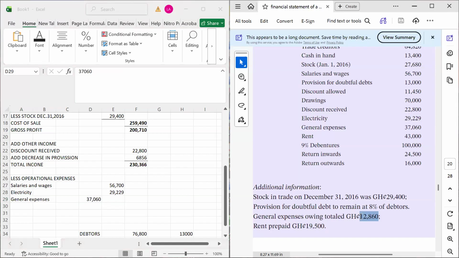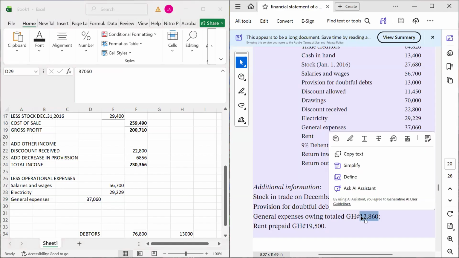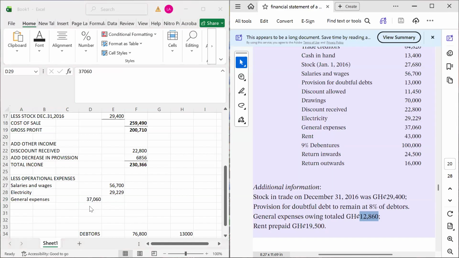Owing means you are still owing, you haven't paid. And the accrual says that you charge everything that you have spent against what you have earned. So you can say general expense owing or outstanding. Then you add the two, this plus this. So this will be the figure you put in.